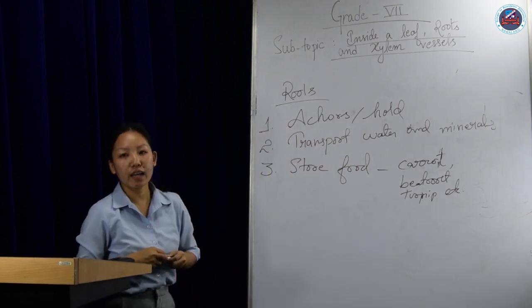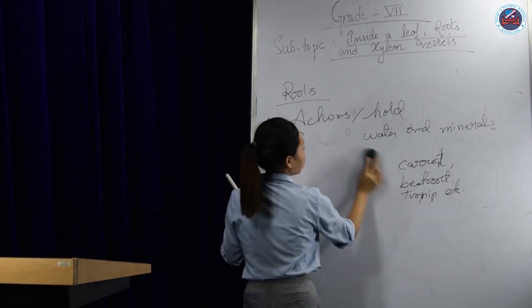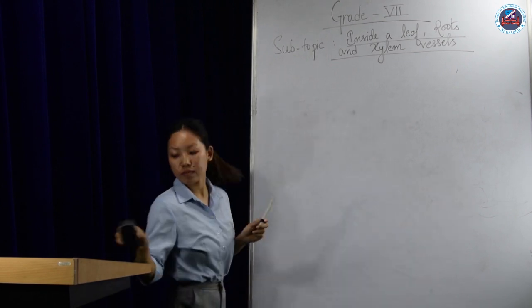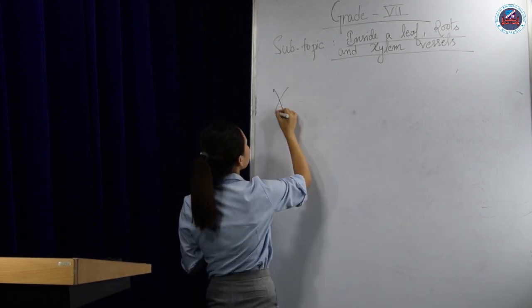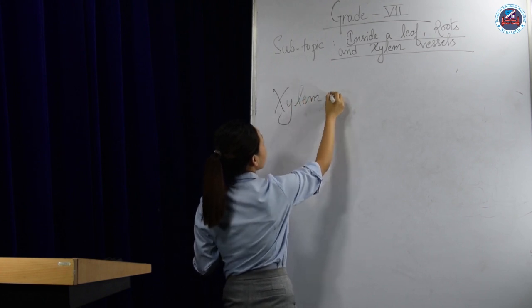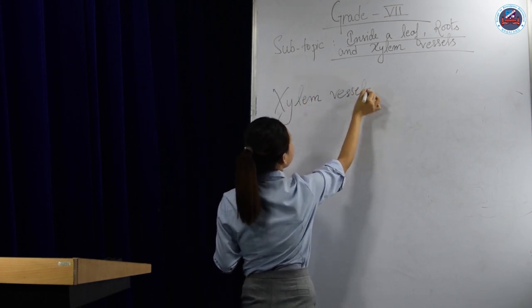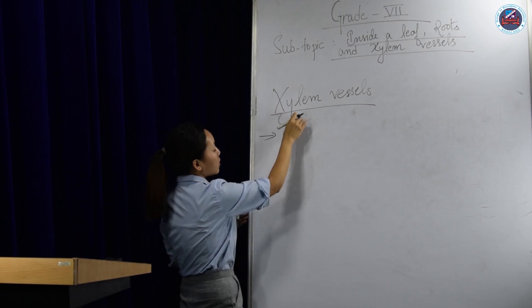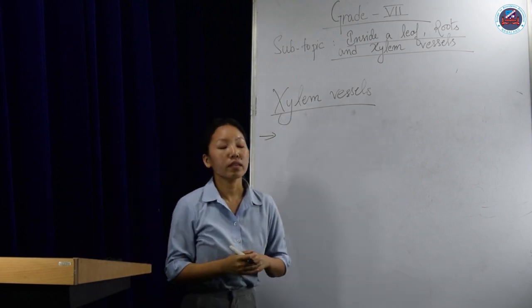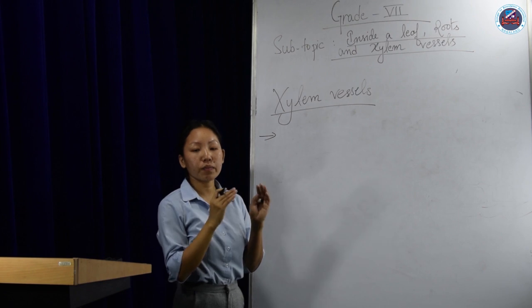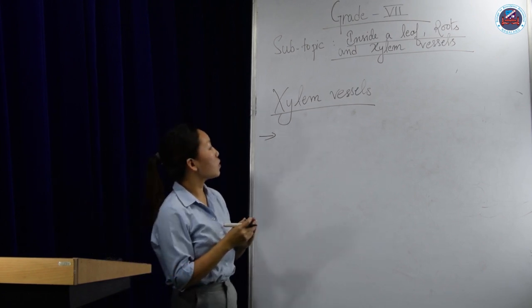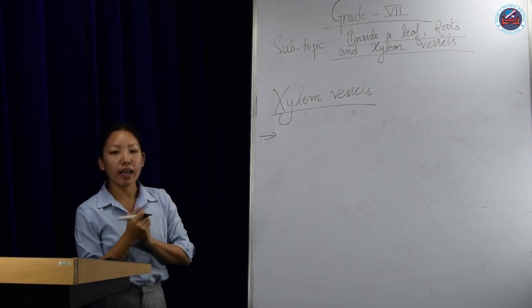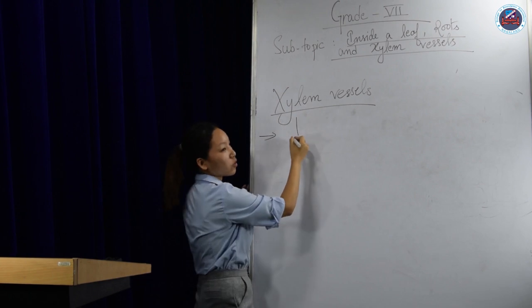And last, we have xylem vessels. These xylem vessels are the main vessels that transport water and minerals to different parts of the leaf.